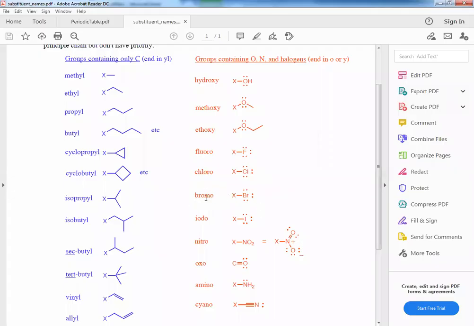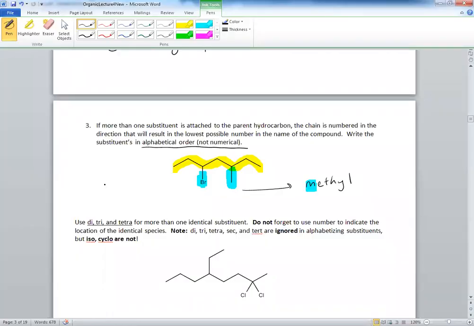Br is called bromo. So they're always like this. Fluoro from fluorine, chloro, bromo, iodo. Bromo starts with a B. So B comes before the M. That means that the numbering should be from the one that has the lowest, in alphabetical order.